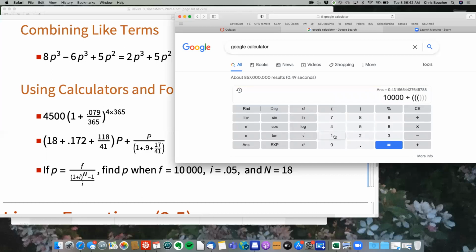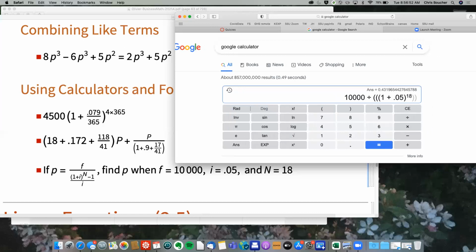1 plus 0.05. Those parentheses raised to the power. I'm going quickly because we did this already. Minus 1, close parenthesis. Now I'm ready to divide by the 0.05. There.